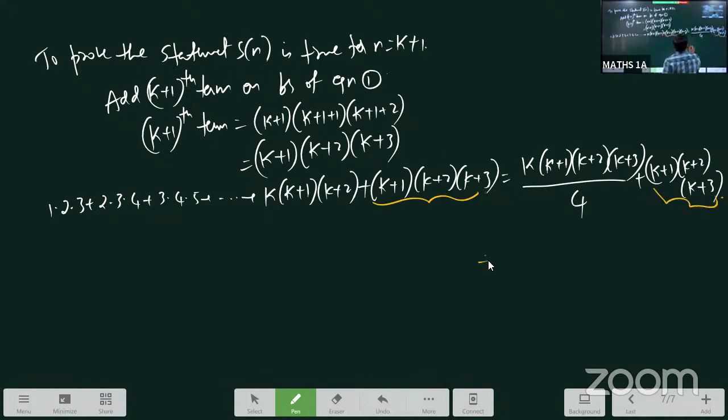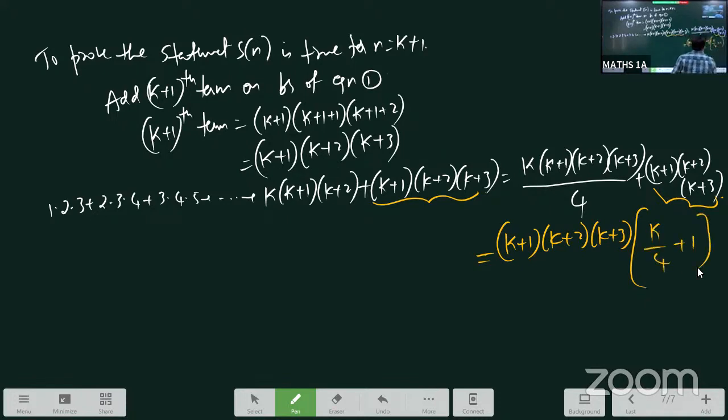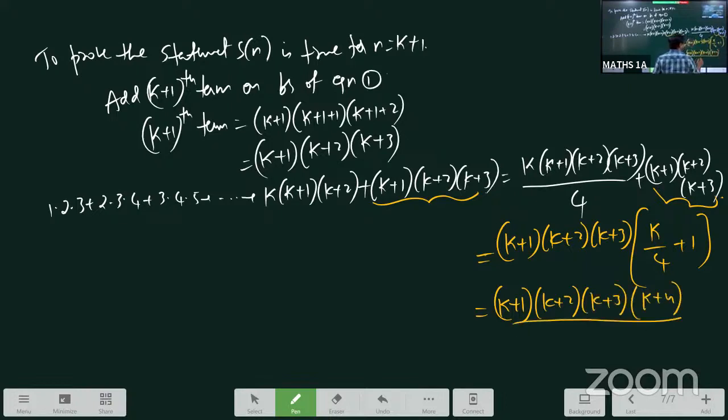Now I'm going to simplify your RHS part. Take k plus 1, k plus 2, k plus 3 common. When I take this common, what is left out? K by 4 plus 1. That is k plus 1 into k plus 2 into k plus 3, k plus 4, taking LCM by 4.